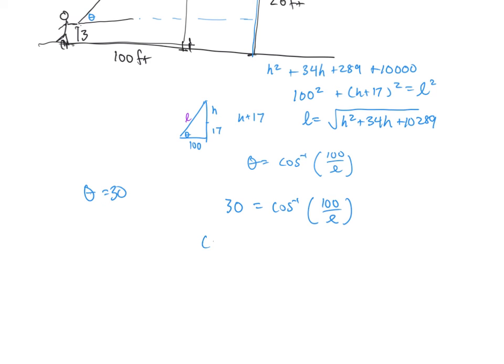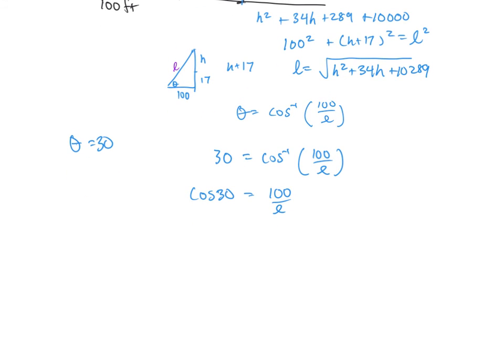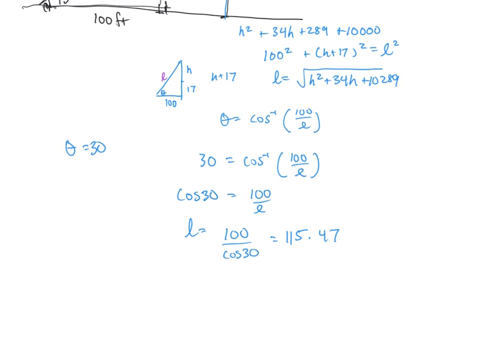So cosine of 30 must equal 100 divided by L. And then L must equal 100 divided by cosine of 30. That gives me 115.47 and some change, but I'll leave it like that.